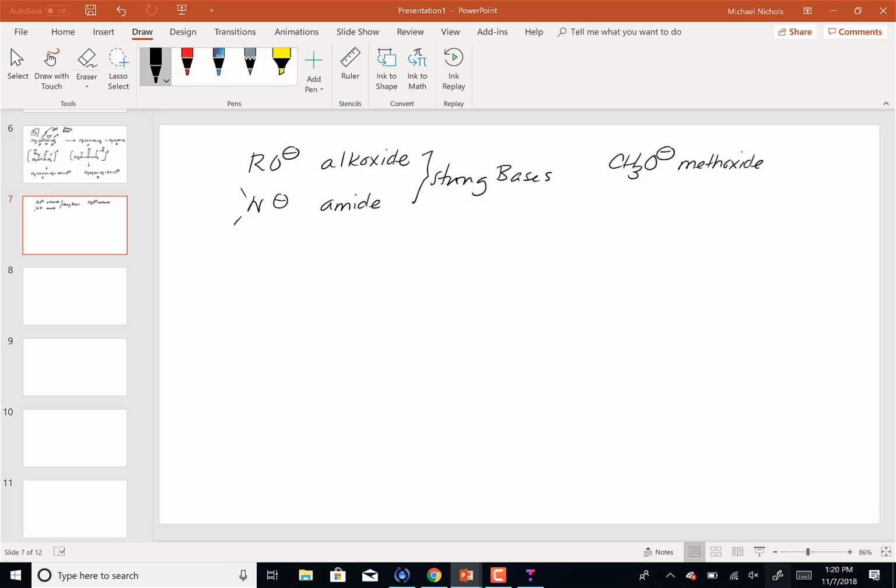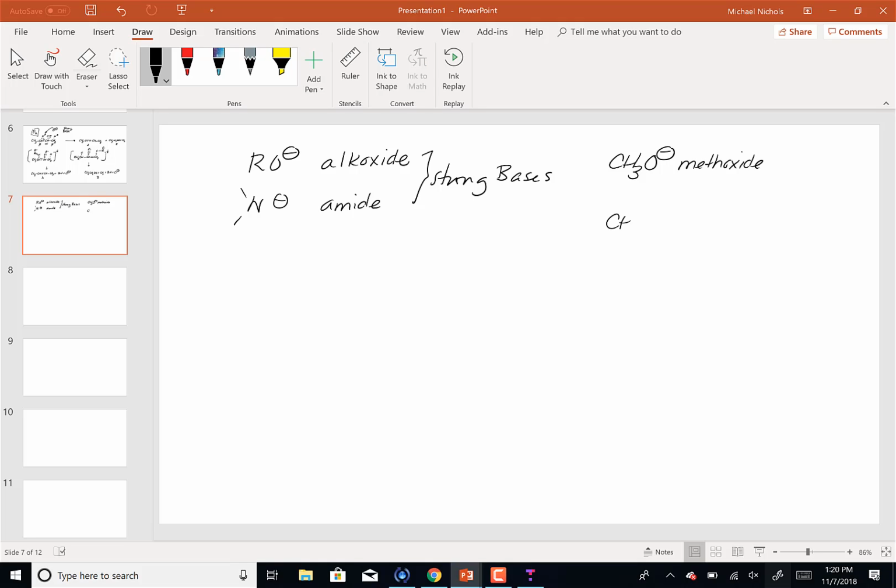So I don't want to live in the gray area right now, because that's just going to cause too much confusion, and there's already enough confusion possible. So I'm going to take my alkoxide, and I'm going to take away its nucleophilicity. The way I'm going to do that is by remembering that in an SN2 reaction, steric hindrance plays a huge role. So if I want to take away a nucleophile's ability to be a nucleophile, let's make it sterically hindered.